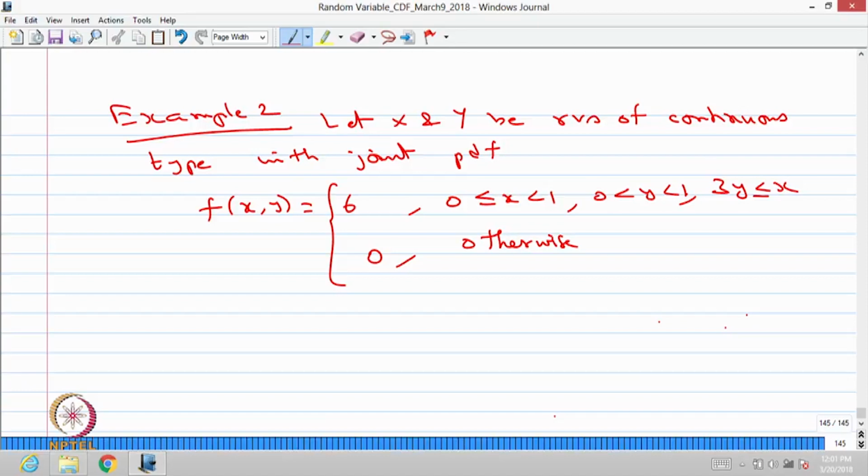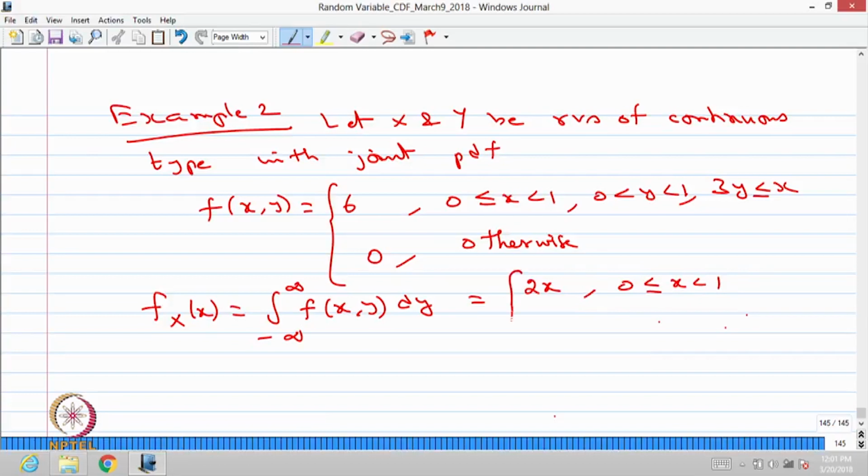From this one can find the marginal distribution of x by integrating the joint probability density function with respect to y. If you do the little simplification, you can get the answer, that is 2 times x when x lies between 0 to 1, otherwise it is 0.